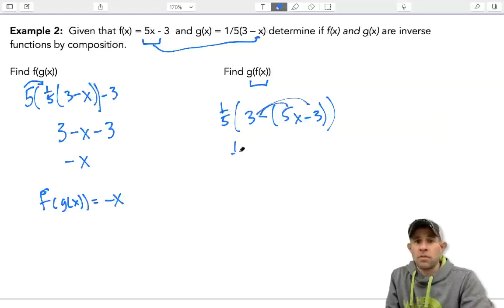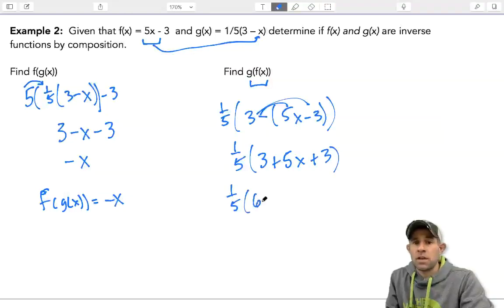So we have 1/5 times 3 plus 5x plus 3, which becomes 1/5 times 6 plus 5x, or 6/5 plus x. So you can see that this is our result of g of f of x.